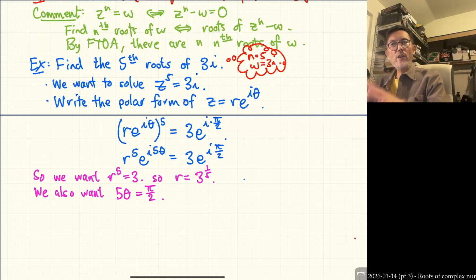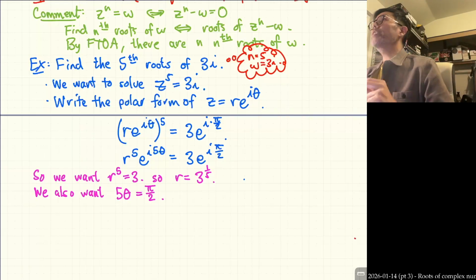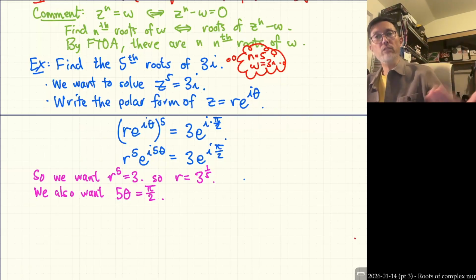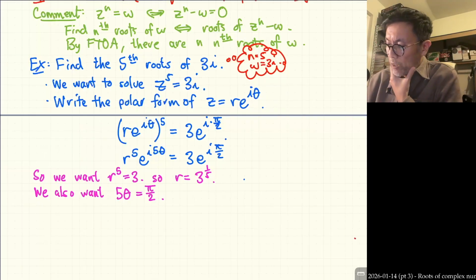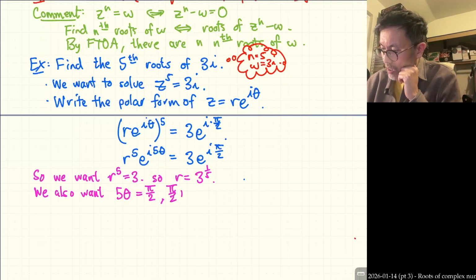But here's where the ambiguity in the polar form comes in. Because we could also take not just 5 theta to be pi over 2. What if we took 5 theta to be pi over 2 plus 2 pi? In other words, we add 2 pi to this. And what if we added 4 pi?